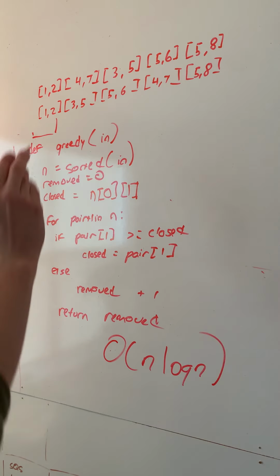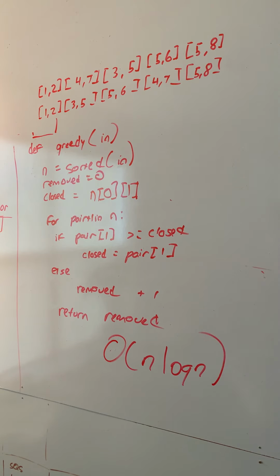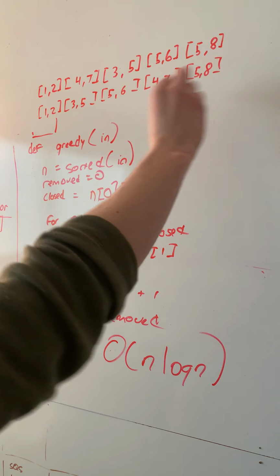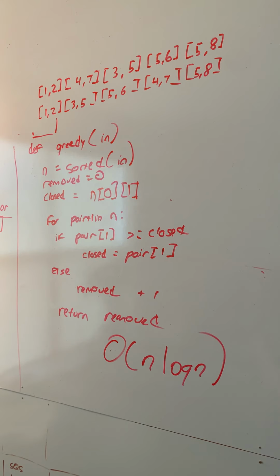And then from there, just comparing with the previous closed, we can determine if we can add it on without eliminating any of the further solutions. So this is the optimal substructure of it, and it's only when it's sorted. And that is what allows it to be done with the greedy method.